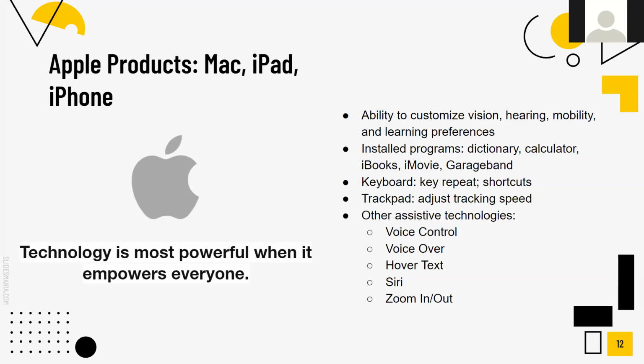Along with these built-in technologies, Apple products come with pre-installed programs like iMovie and GarageBand that allow students to demonstrate their learning in unique ways. These are great to keep in mind when encouraging students to think outside the box. And on the screen here, you can see a few extra built-in assistive technologies that Apple products offer.